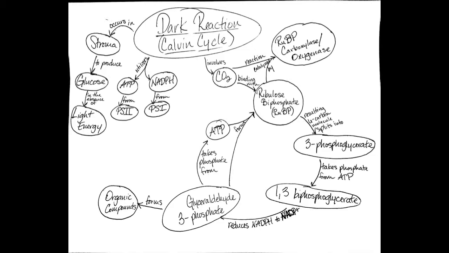But another one of those glyceraldehyde 3-phosphates eventually goes back into this Calvin cycle as it takes a phosphate from ATP in order to form ribulose biphosphate, which is RUBP, and at that point it just waits on another carbon dioxide to be bound again, and that cycle just keeps occurring as much as the plant needs it to. So that is it. That's photosynthesis in a nutshell, and those are my concept maps.